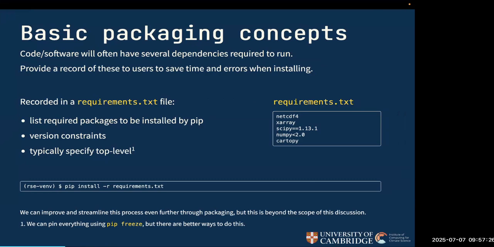In Python, this is, again, done in a variety of ways, but the most simple one that I'd encourage you to get started with if you've not done it before is providing a requirements.txt file with your code. This usually sits at the top level of the repository somewhere, and it lists all of the packages that you need to install in order to get that code to run.